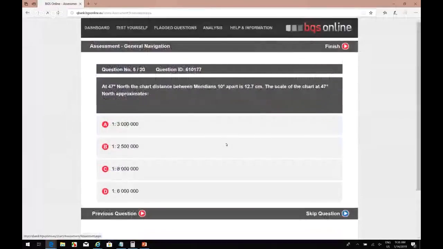Good. Next. So now we've got a scale question. At 47 north, the chart distance between meridians 10 degrees apart is 12.7 centimeters. The scale of the chart at 47 north approximates. So we're going to say 10 degree meridian.